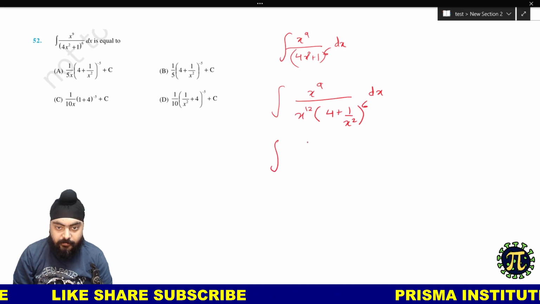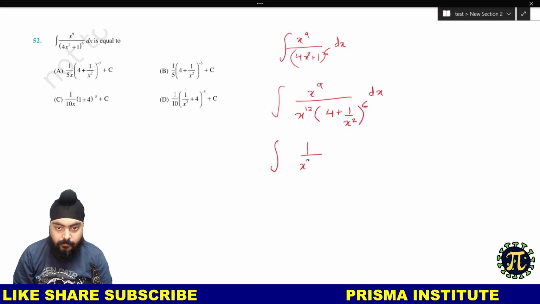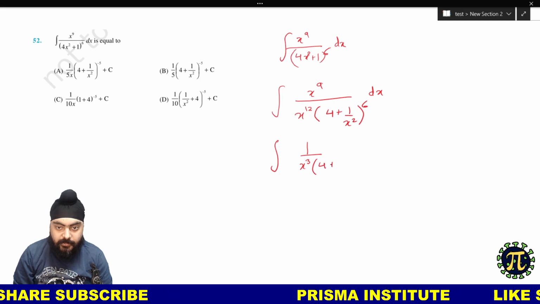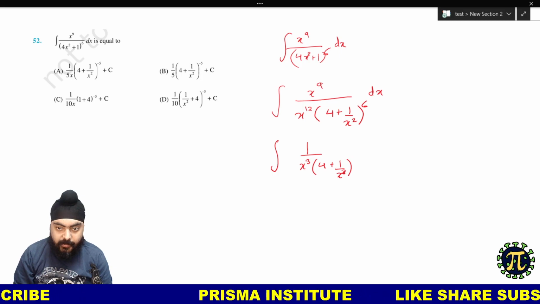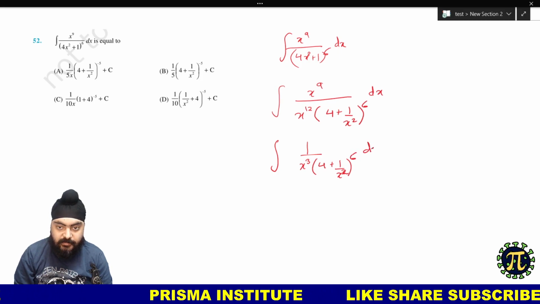So this question becomes 1 by x cube over (4 plus 1 by x square) to the power 6 dx.